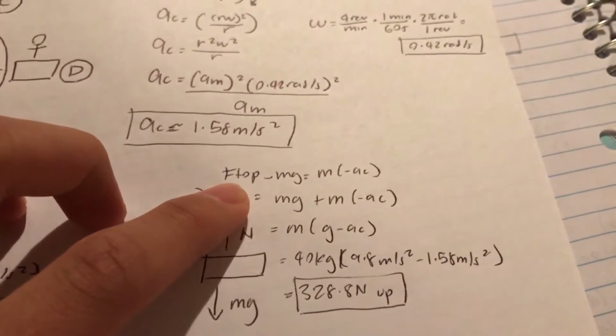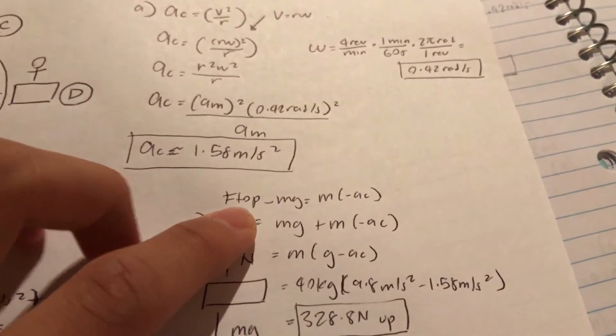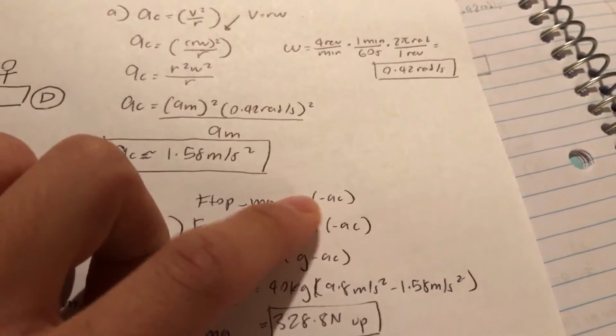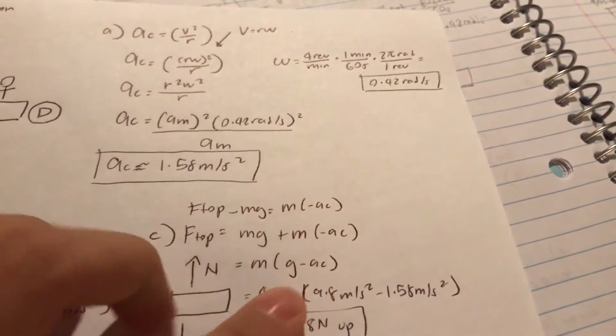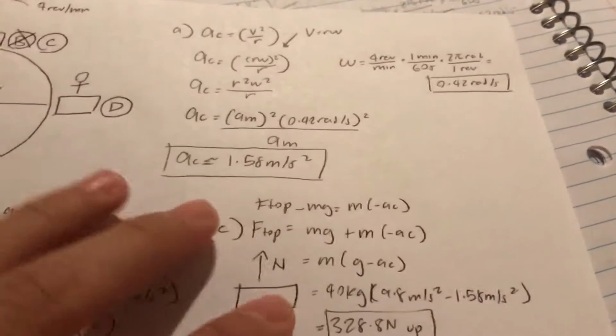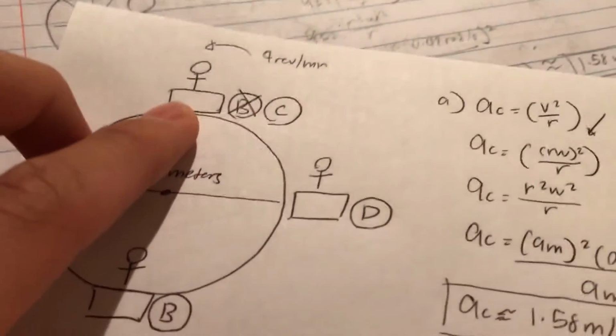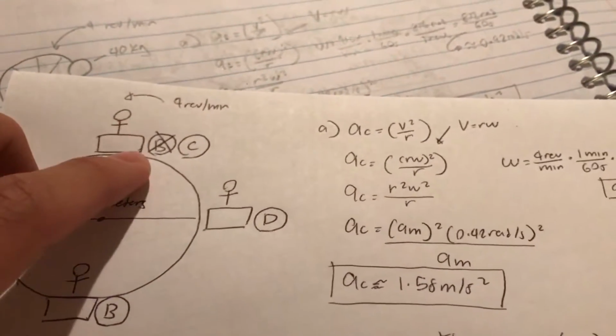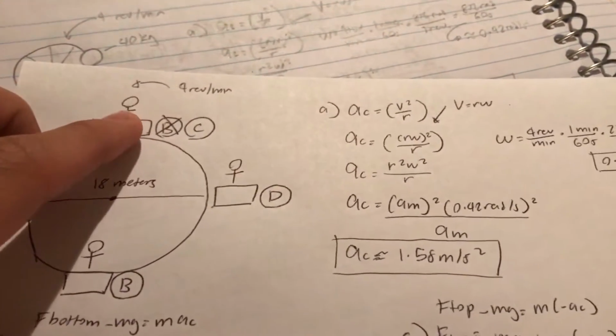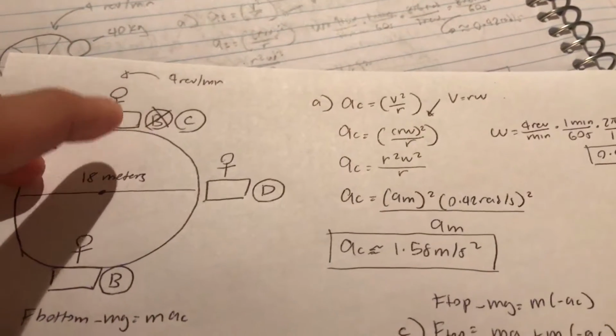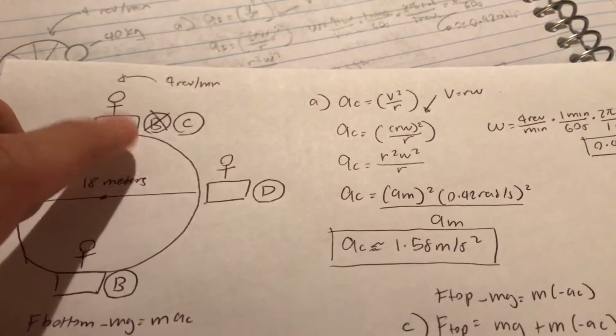So the force at the top minus mg equals m times negative centripetal acceleration, because now the acceleration is going downward. So the normal force of the seat pushes up, mg pushes downward, and the centripetal acceleration is downward now because he's now at the top.